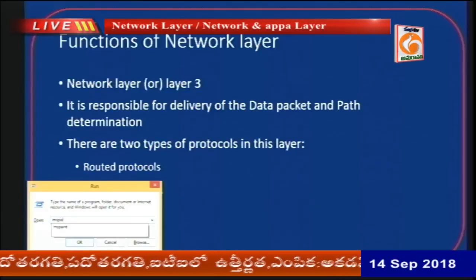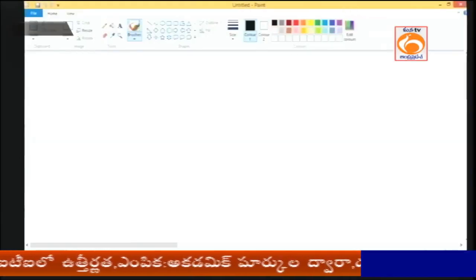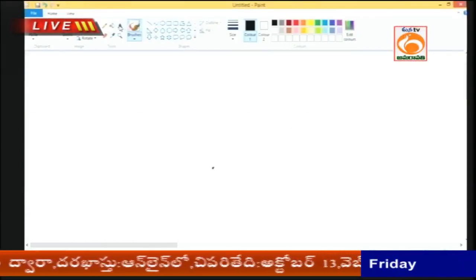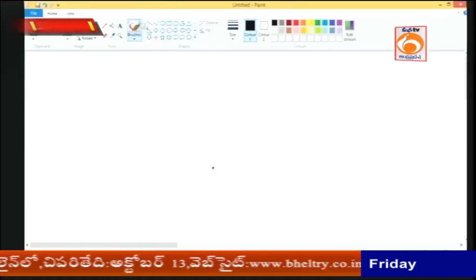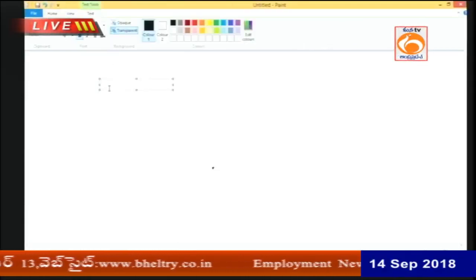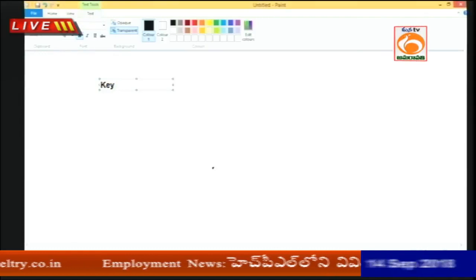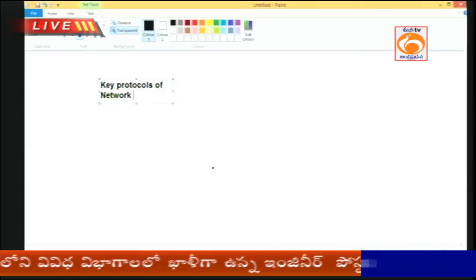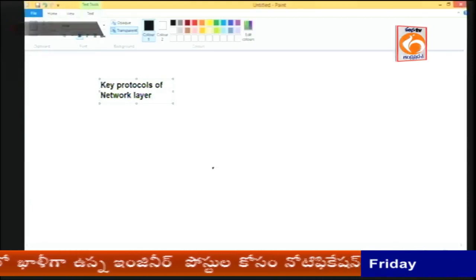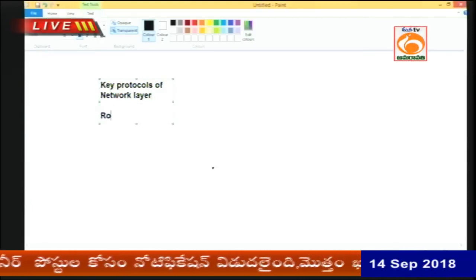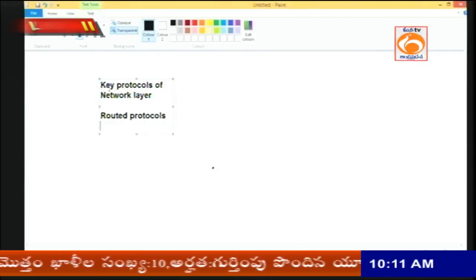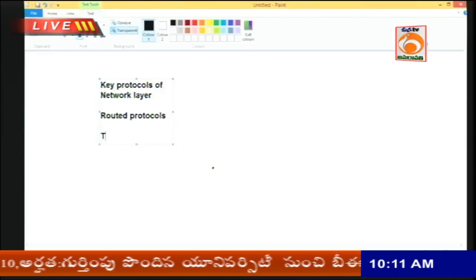So the key protocols of network layer are routed protocols and routing protocols.